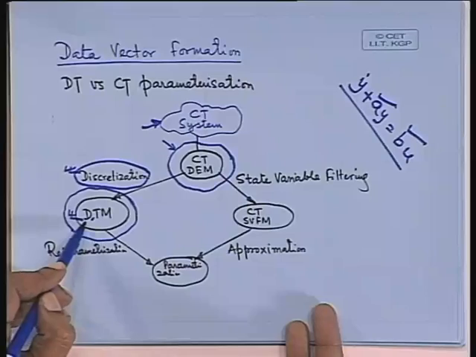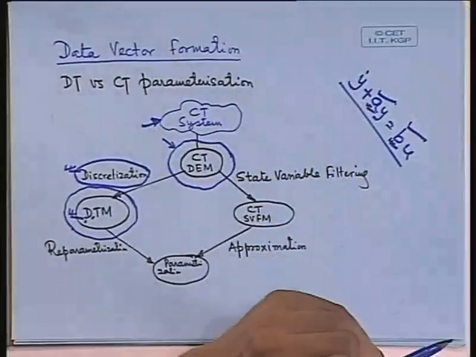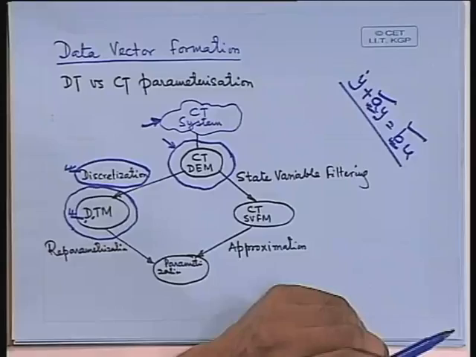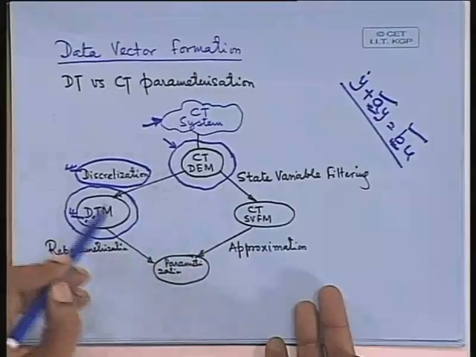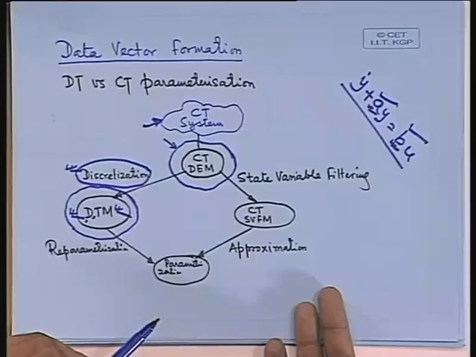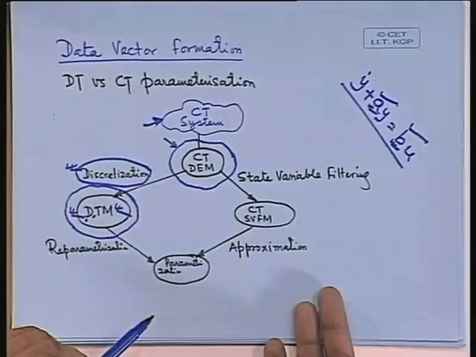But the moment you come to the Z transfer function difference equation model, the a and b parameters are not only made of these a and b, they are also made of the sampling time. They are functions of the sampling time, and that creates huge problems. Why? We'll see. What I want to say is that it's not necessary that you have to go to a discrete difference equation model.